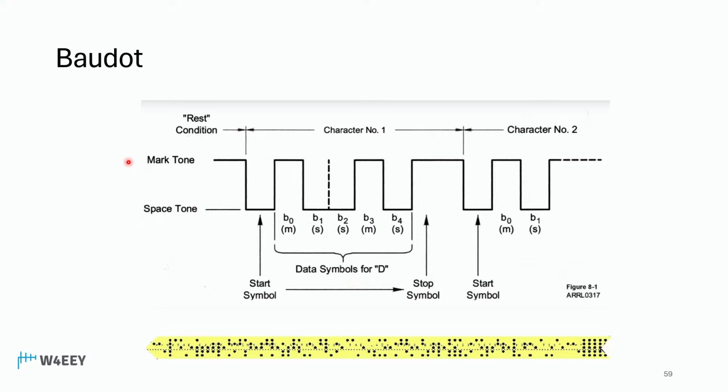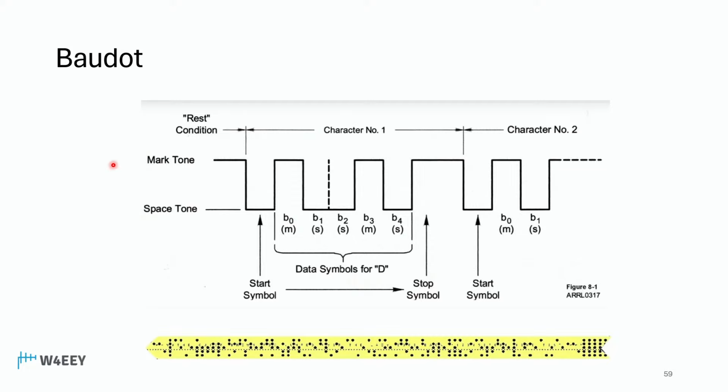Those are called mark and space tones. In the origination of mark and space, back in the early days, they'd have a pen that would come down on a piece of paper, moving tape, that would make a mark on the paper. Then when you lift the pen, that's a space. So the very first implementation of Morse code used that approach. But mark and space have stayed with us ever since.